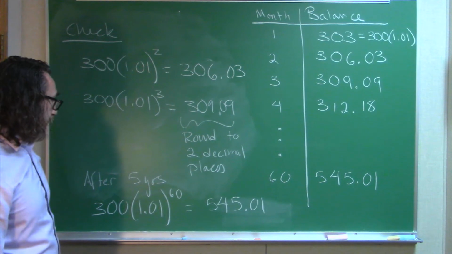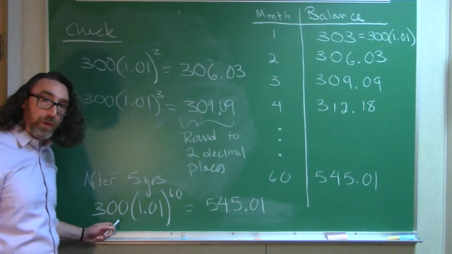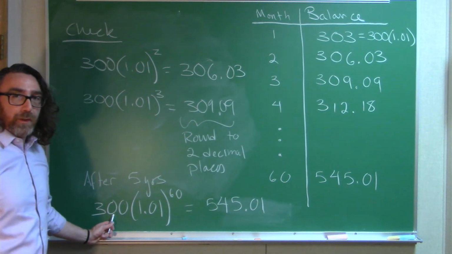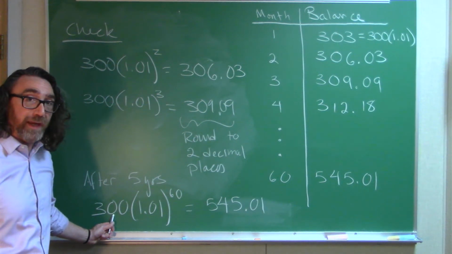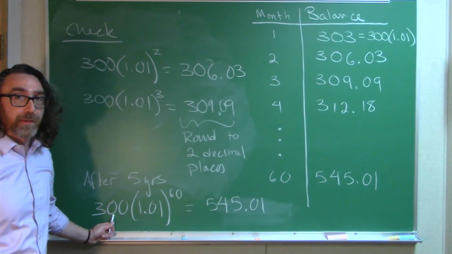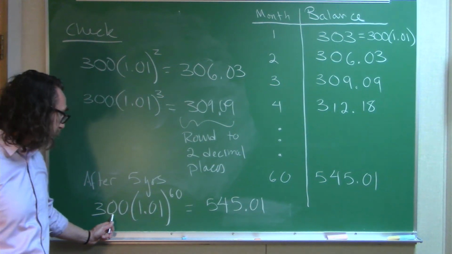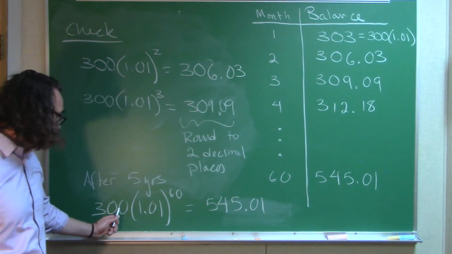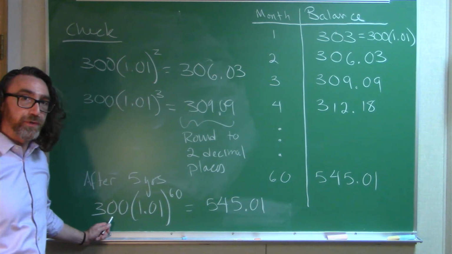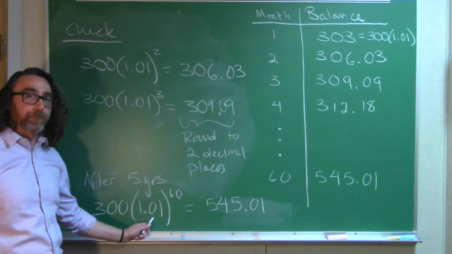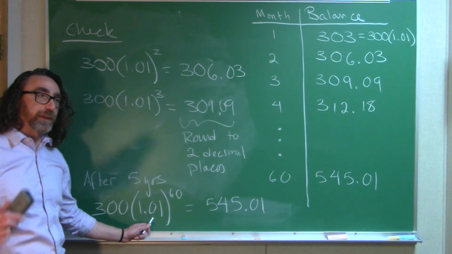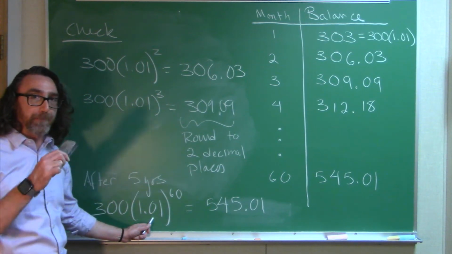Okay, now let's look at the components. The 300 is here because that was our starting balance. So in the general scheme of things, the number out here will always be your starting balance. The 0.01 is coming from the fact that we got 12% interest compounded monthly.